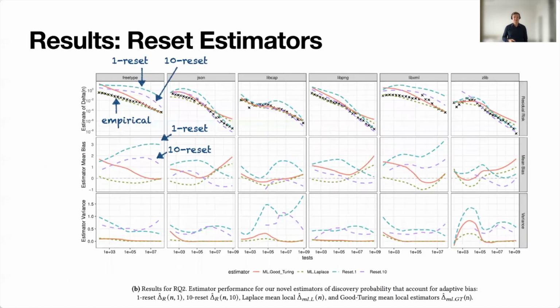So the results are as follows. For our reset estimator, we set a to 1 and 10. So the one reset estimator would reset every time a new seed is added, and the 10 every 10th time a seed is added. And what we find is that we start overestimating residual risk, which in itself is not a problem, because overestimating risk is usually not a problem.